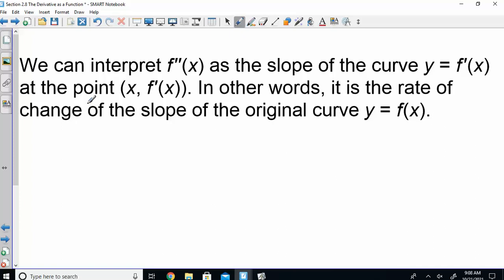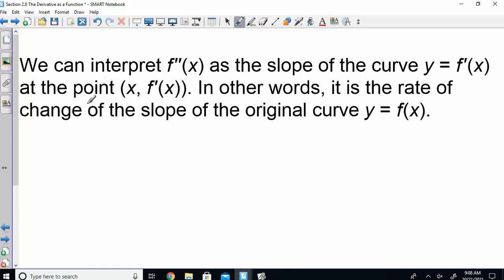What it's telling us then, it's going to give us the rate of change of the slope of the original. We will be talking about this a lot. In the next chapter, we're going to learn some shortcuts for derivatives. And we'll be talking about what the first derivative tells us on a graph, what a second derivative tells us on a graph, and those things.